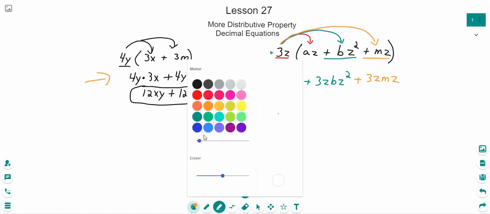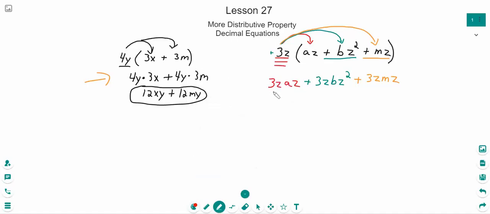So if we look at that first term, 3zaz, we'll notice that we have a z being multiplied by a z here. Now remember, when we're multiplying variables that are the same variable, we multiply them by adding the exponents.